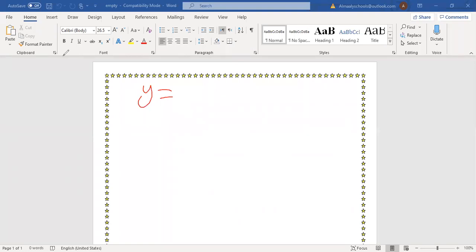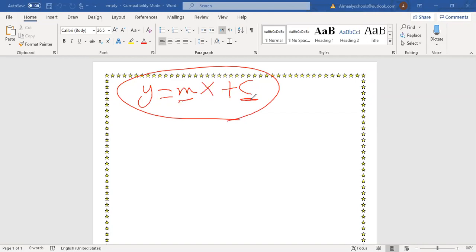Y equals ax plus b. Yes, very good. So let's write it mx plus c. So the general form of the equation of the straight line is y equals mx plus c, or ax plus b, no problem. So we have a constant multiplied by x, and we have an absolute term c without x.